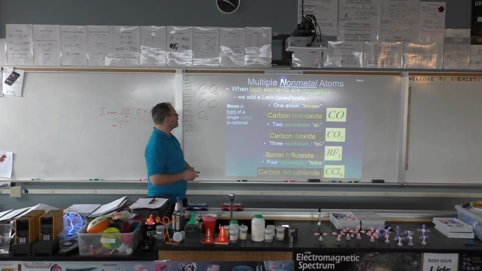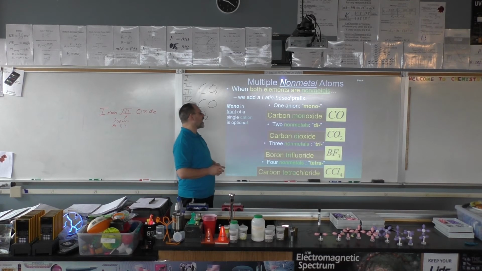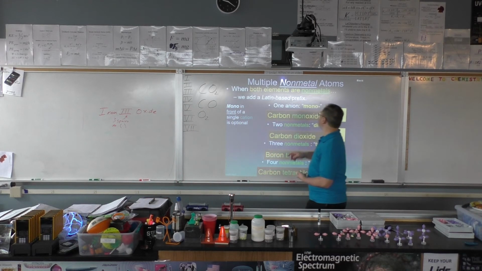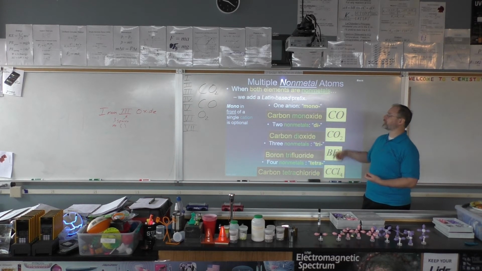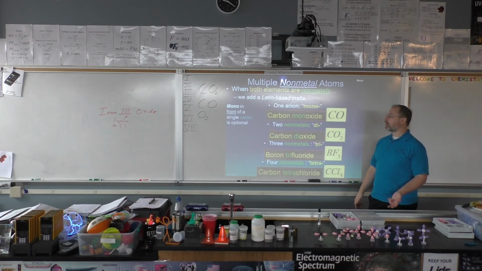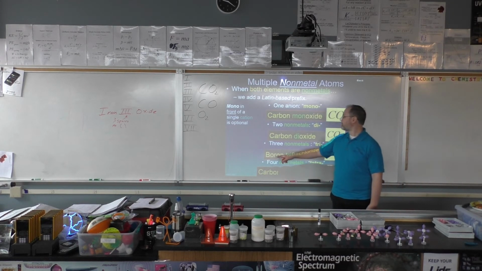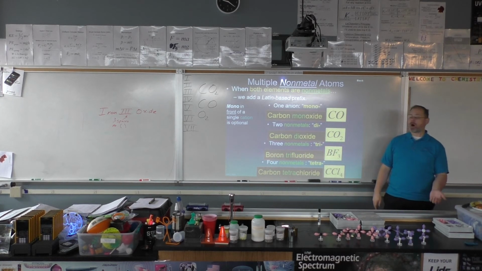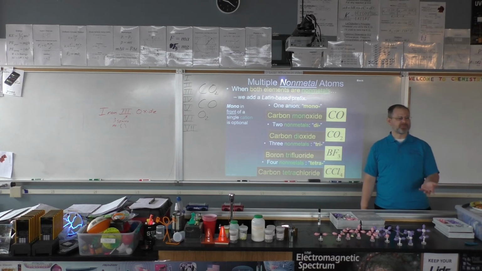Now, mono in front of something is optional. So if you called this monocarbon monoxide, that wouldn't be wrong. It would just be a couple extra syllables. If you called this monoboron trifluoride, that wouldn't be wrong. It would just be 2 extra syllables.